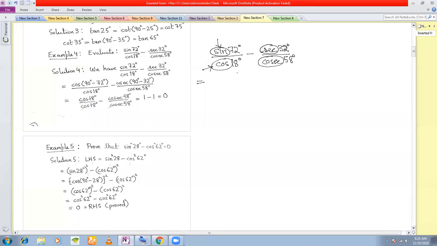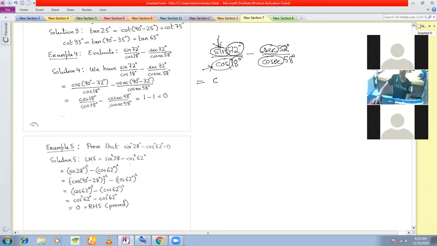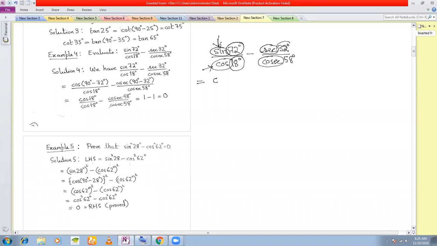This was the first observation, that sine can change to cos and cosec can change to sec. The next observation that you must make is that the sum of these two angles is 90 degree, 72 degree and 18 degree, 32 degree and 58 degree. The sum of these two angles is 90 degree.